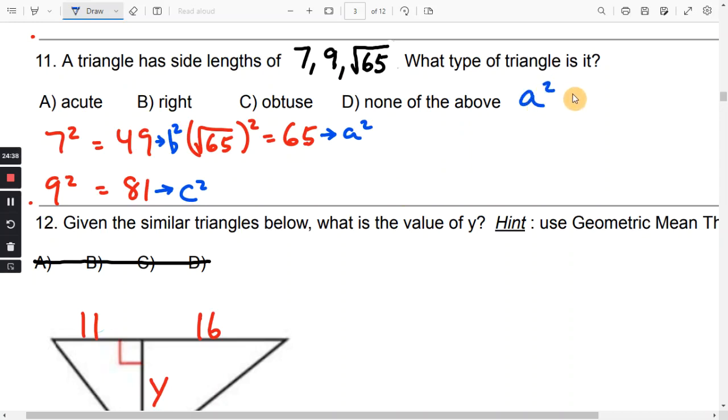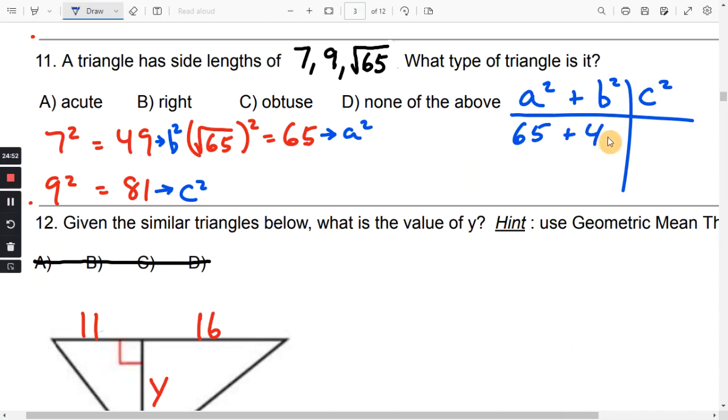A squared plus b squared versus c squared. All right, a squared is 65. B squared is 49. And that is going to be, let's see, 114. And that's versus c squared, which is 81.